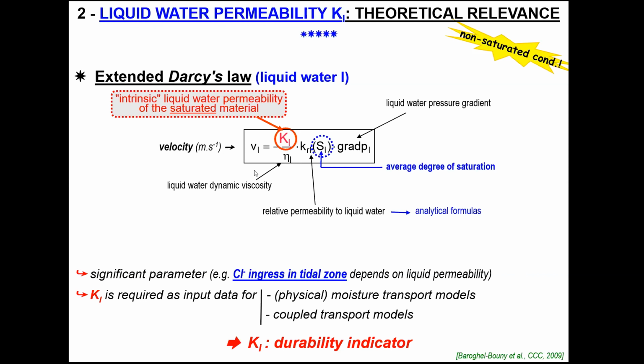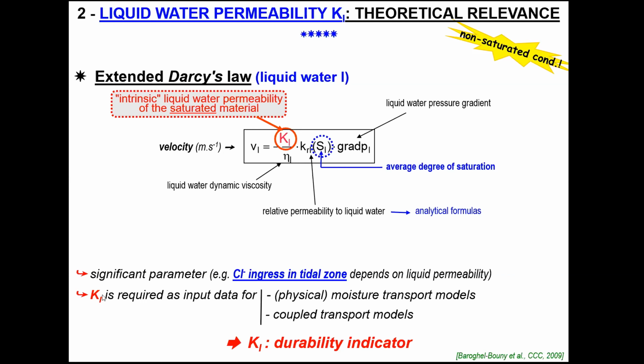So it is important to know that we can select this as an indicator, since we can demonstrate the theoretical relevance of this parameter, since it is involved in Darcy's law, which is the main equation needed for the description of moisture transport in concrete.